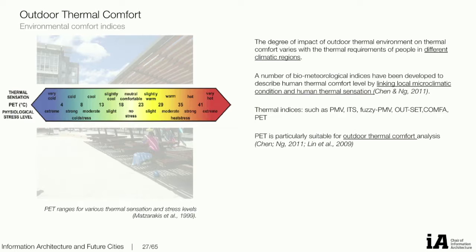For them, warm is 23 degrees Celsius. So it's the relationship between a more human perspective of the sensation of climate outdoors, according to culture and the different locations around the world.